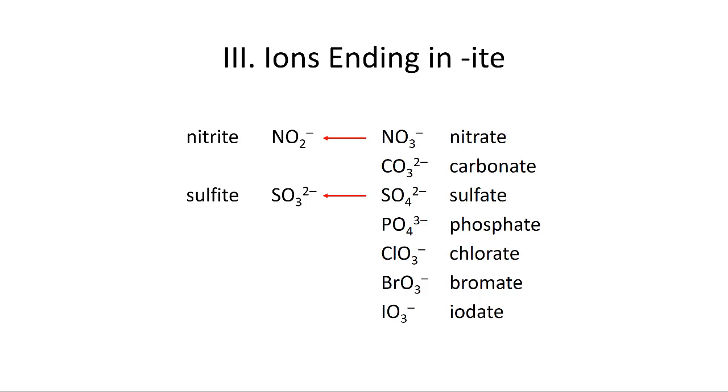Take the time to write that in your notes. Now we're also going to skip phosphite and move on to chlorite. Based on the pattern that we've seen so far, I think you might be able to figure out that chlorite is ClO2 with a -1 charge. And go ahead and write that in your notes.